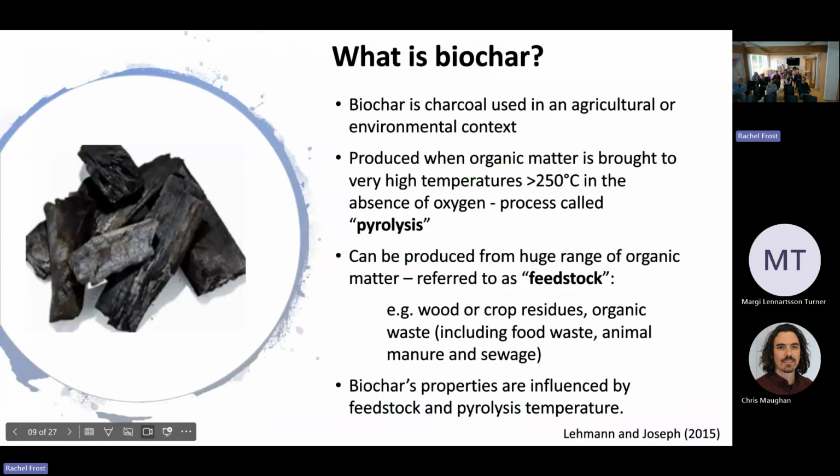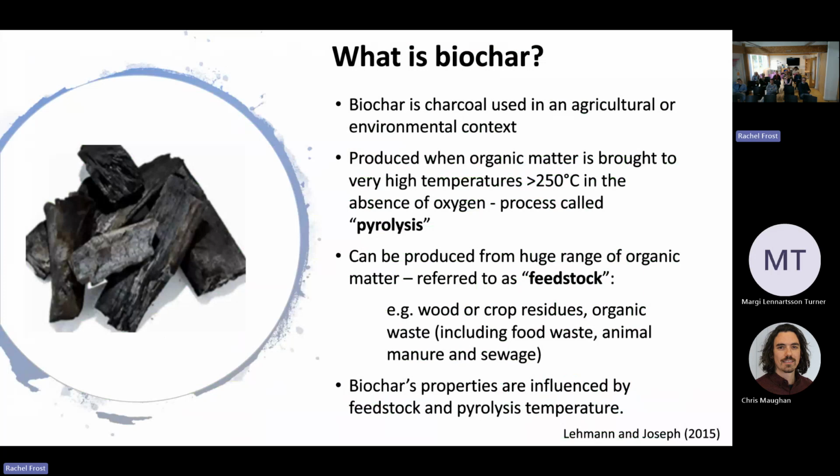Okay. So what actually is biochar? For anyone who hasn't come across it before, biochar is quite simply charcoal, the stuff that's used on a barbecue. But when it's used in an agricultural or environmental context, we refer to it as biochar.